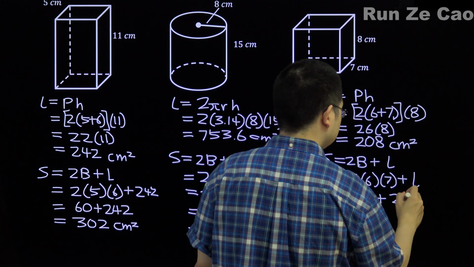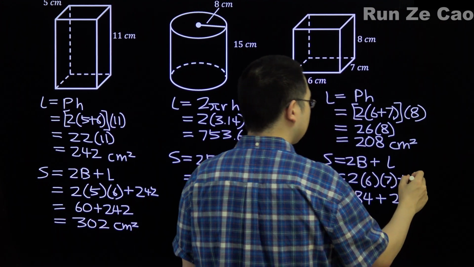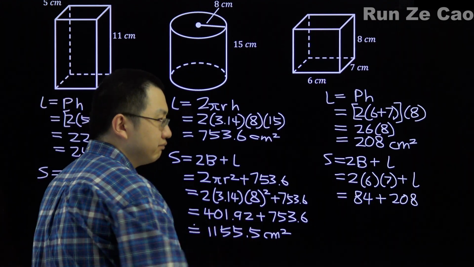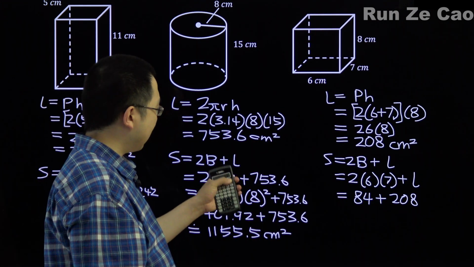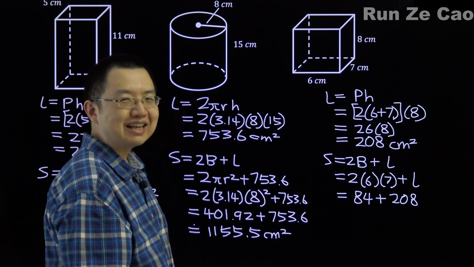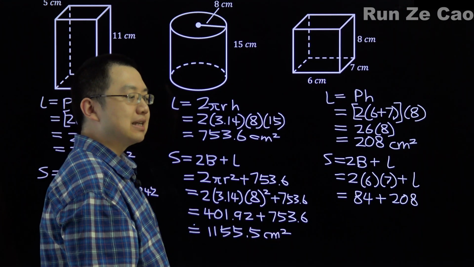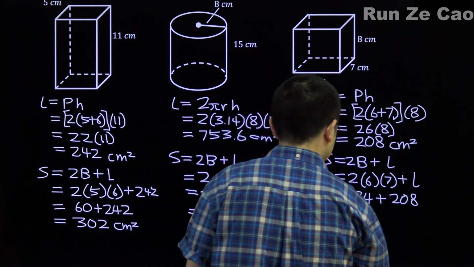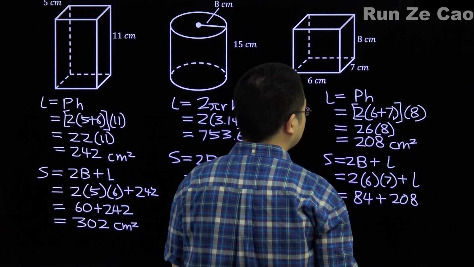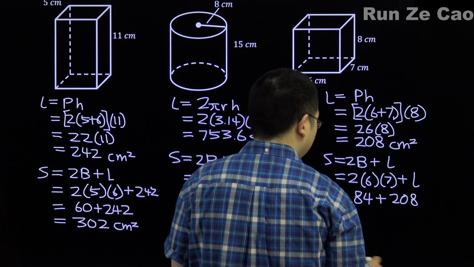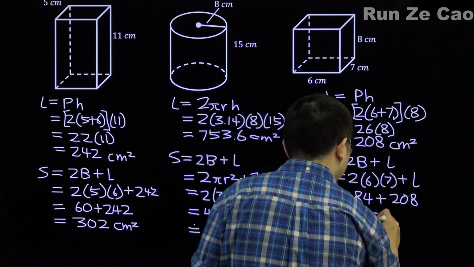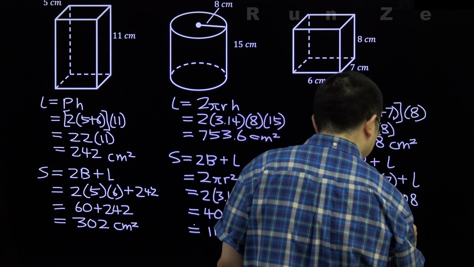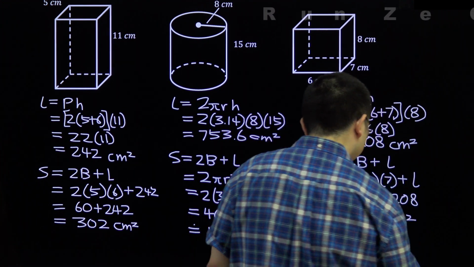Plus 208. Notice I didn't substitute in the lateral until now, so as to give a comparison of why, in this sort of case, you should probably consider only substituting in when you need it. Because otherwise, it's a bit more writing for no good reason. So 84 plus 208 would give us 292. And the units are, oh, everything's in centimeters, so this is going to be in centimeters squared.